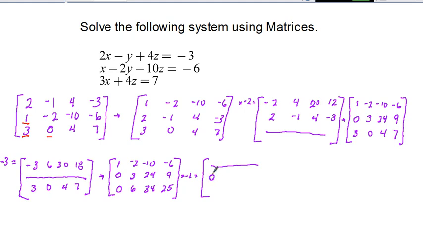Row 2 is going to be 0, negative 6, negative 48, and negative 18. Row 3 is our 0, 6, 34, 25, and we're going to add those two.